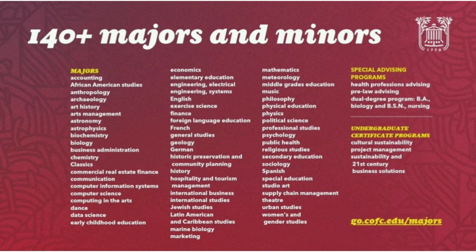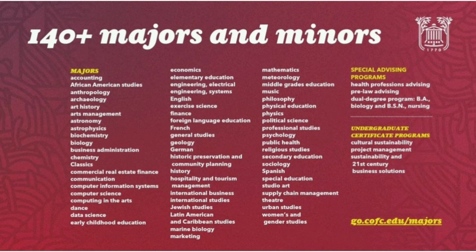In your freshman year at C of C, you will work with an academic advisor, a faculty advisor, and with them you will chart out your path for the next 4 years and determine which major and/or minors are the best fit for you based on your academic passions and career pursuits.